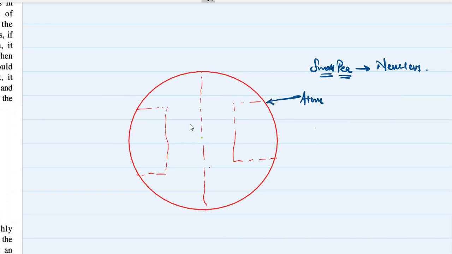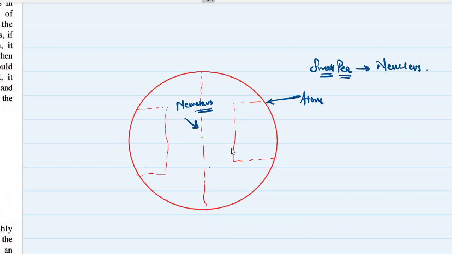So that is the ratio of the size of the football field and the nucleus. This is how you can compare the size of a football field and the size of a nucleus.